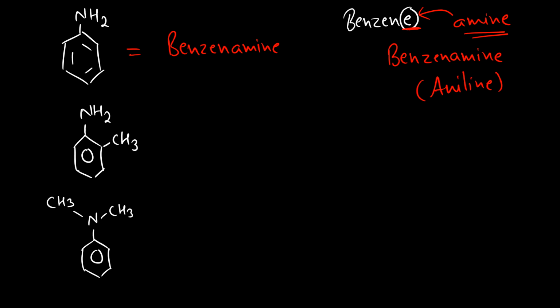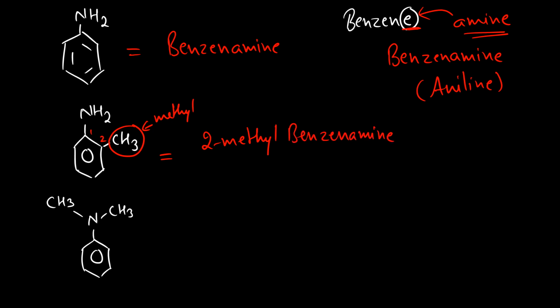Now here if you will see, you are having again amino group with benzene, and you are having one side chain along with this, that's going to be written as methyl. So what can I write for this? I can write it as 2-methyl benzene amine.